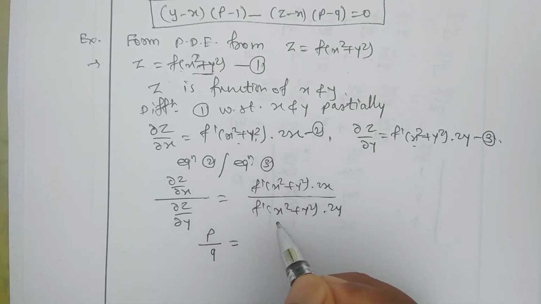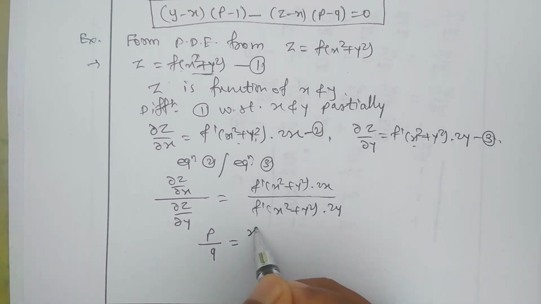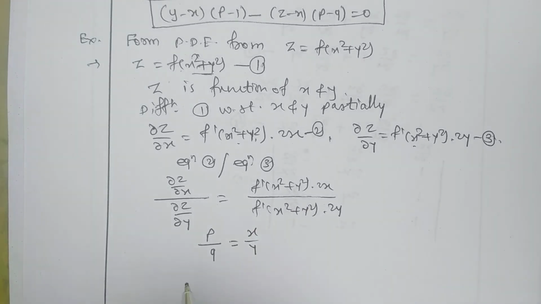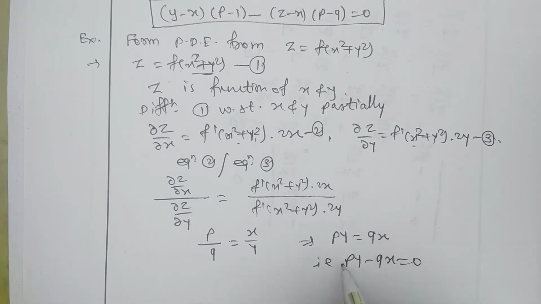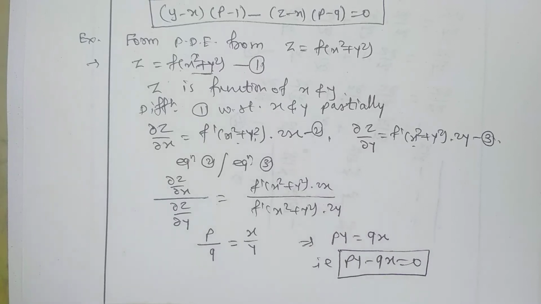This f dash and this f dash get cancelled. Also 2 gets cancelled, you will get x upon y. So by cross multiplication you will get py equals qx, that is py minus qx equals 0. This is our required partial differential equation.